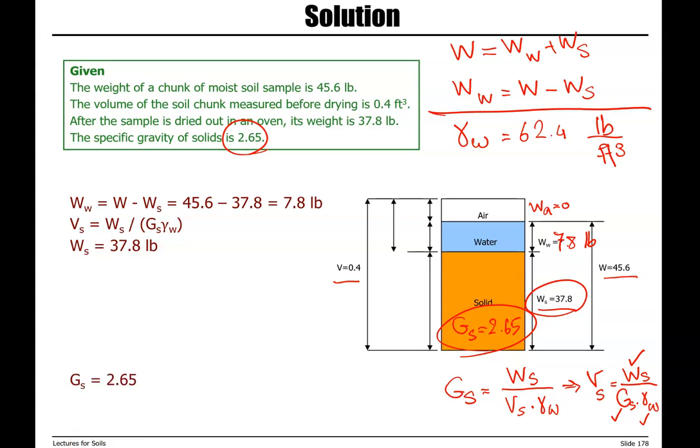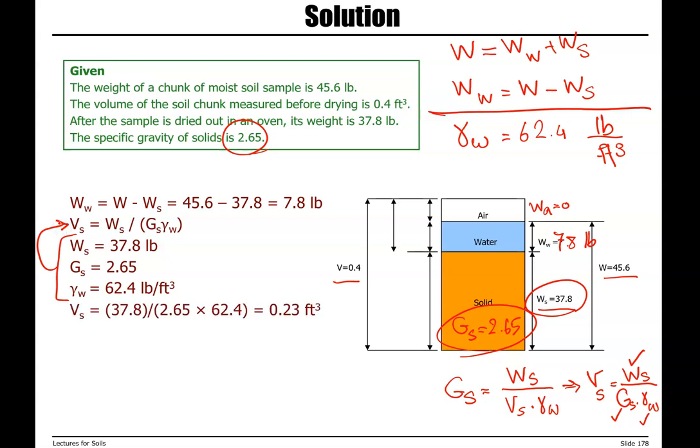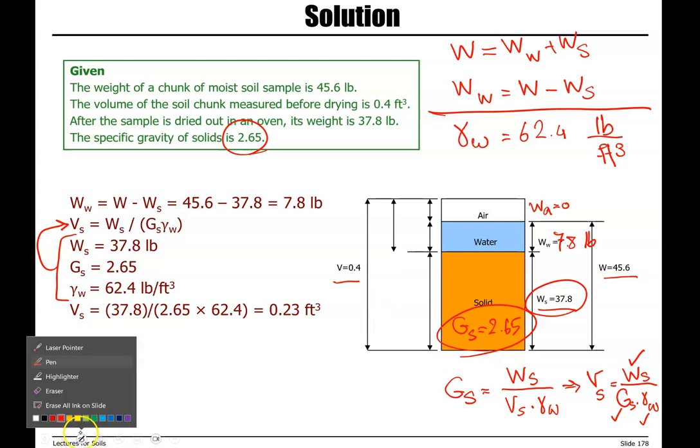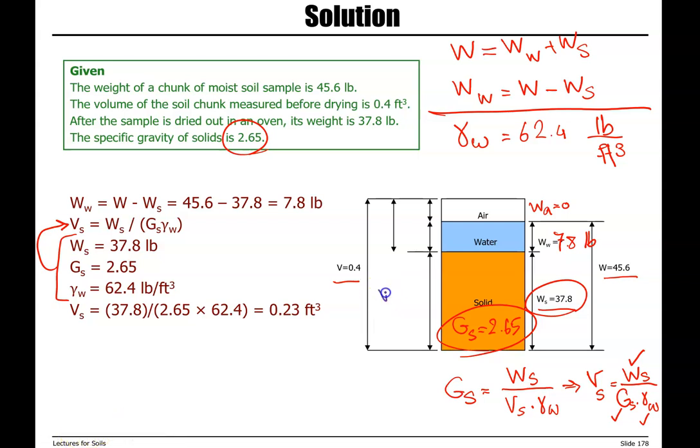So we plug in the numbers in this formula, and we have volume of solids. Next, we need to calculate volume of voids, volume of air, and volume of water.